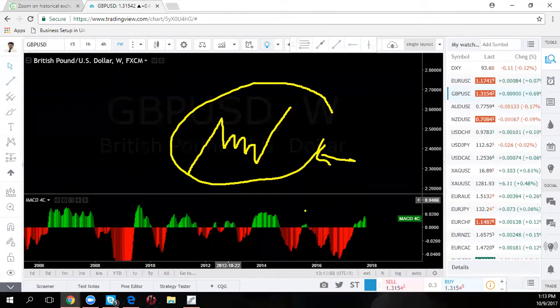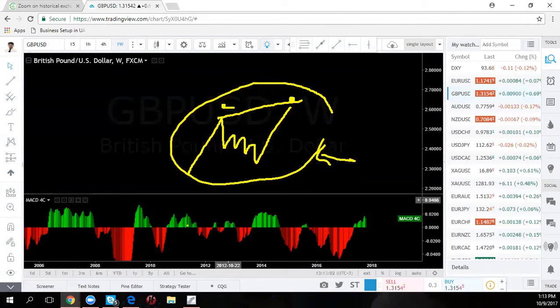And for labeling purposes, labeling corrective structures, this is how we would label them. I'll go more into labeling later, I'll just give you the basics. We would look at the top of this and the top of this. Since all structures, whether impulsive or corrective, will have at least three waves in them, for labeling purposes we would look for divergence.